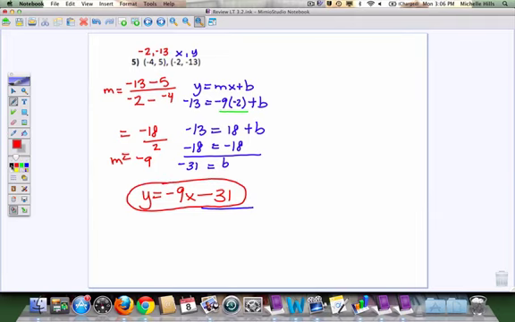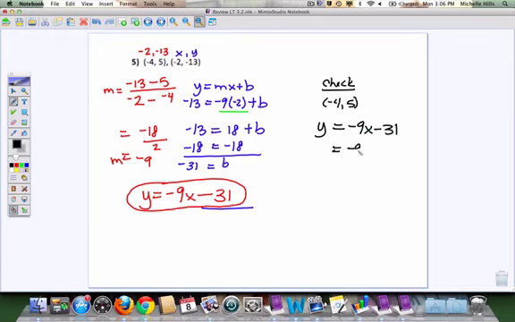Now if I want to check that answer, I just used the point negative 2, negative 13 to help find my y-intercept. So I'm going to check it with the point negative 4, positive 5. I have this equation, y equals negative 9x minus 31.